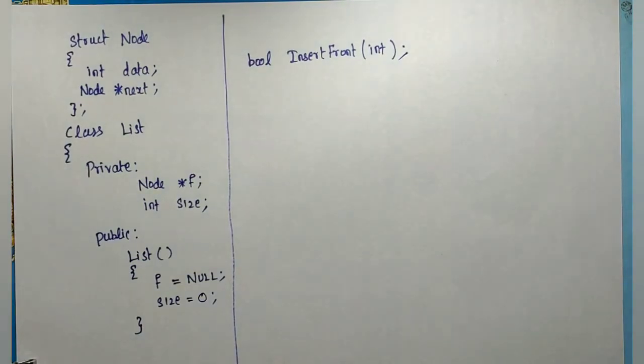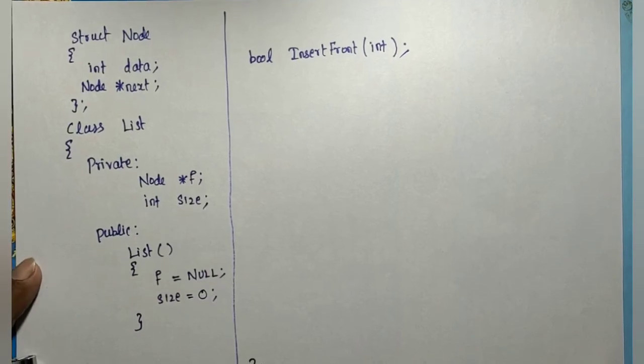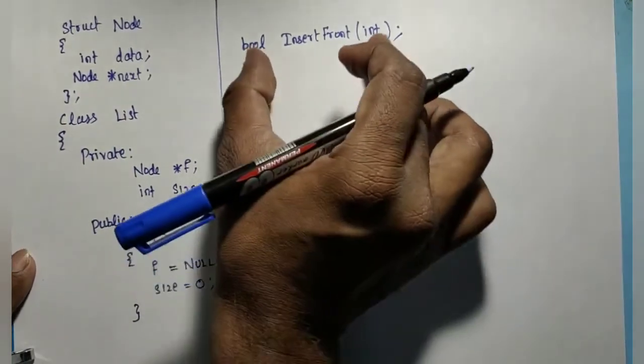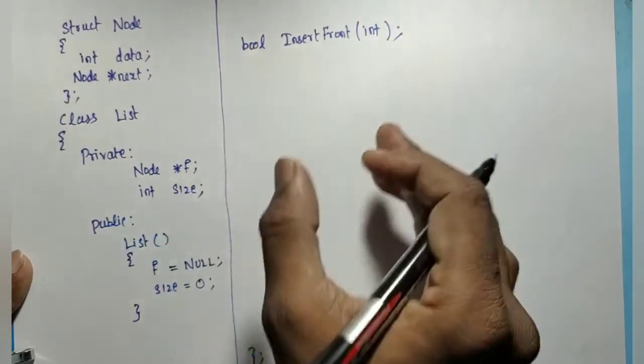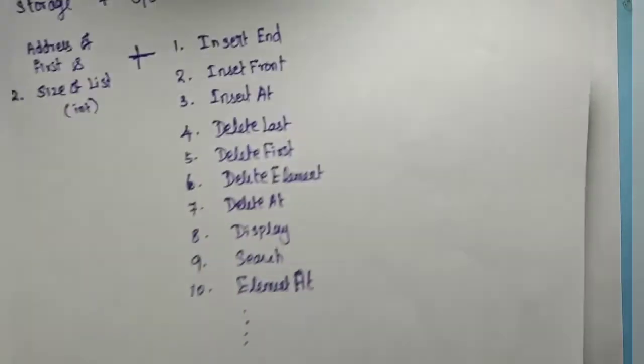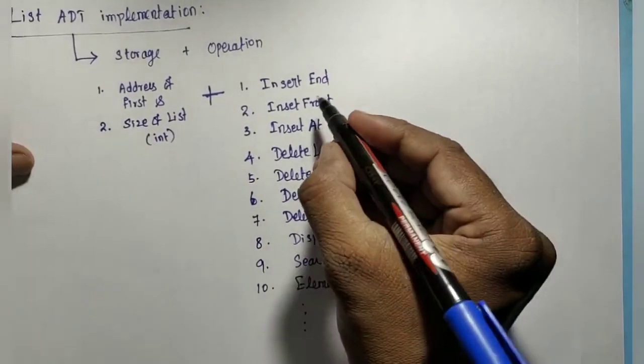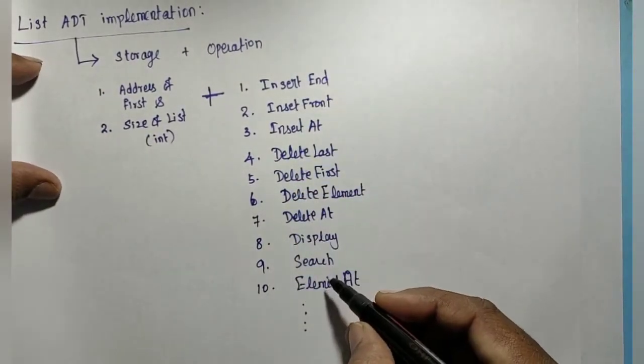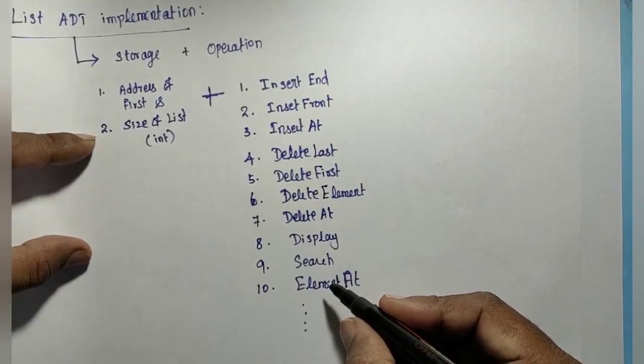So we can add those functions one by one to this class. First we will discuss this function definition, then come to the other functions. Let us define the other functions also. We will add the prototypes, and later we will discuss them one by one.